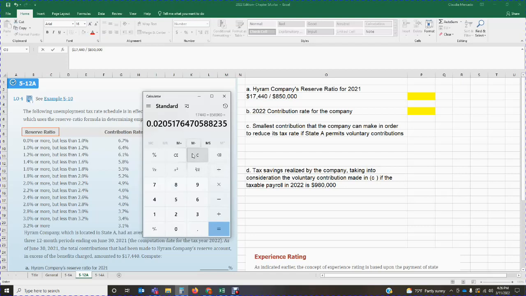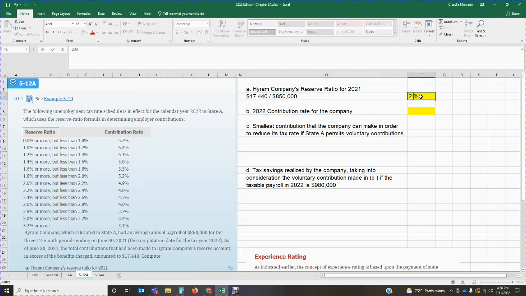That gives me that decimal. Okay, I want this in percentage because this is the reserve ratio and ratios are in percentage. So I'm going to multiply by 100 to get my percentage, and that's going to give me 2.05. Okay, 2.05 is my reserve ratio for 2021.